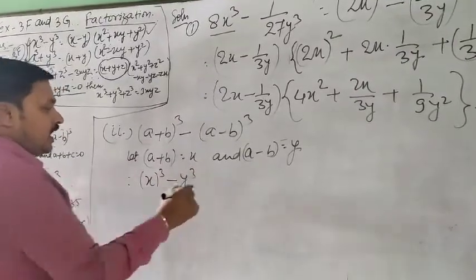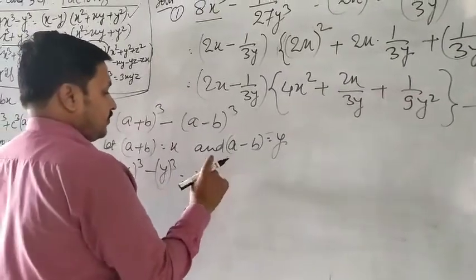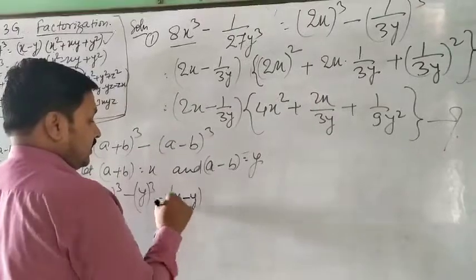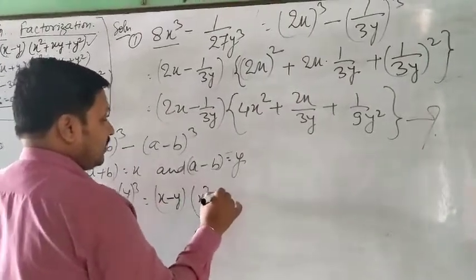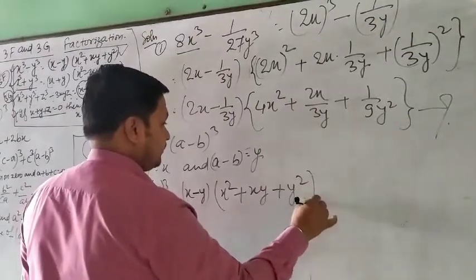So its formula equals (x minus y) into (x square plus xy plus y square).